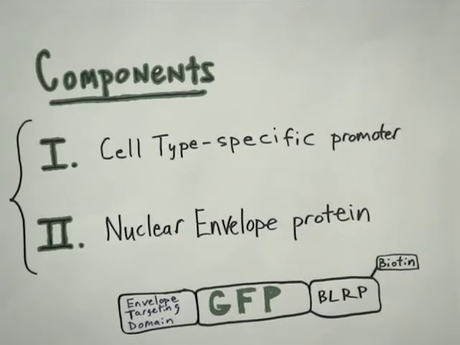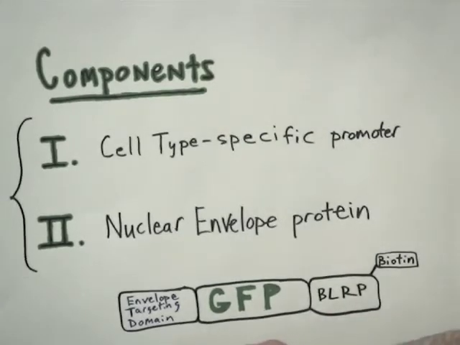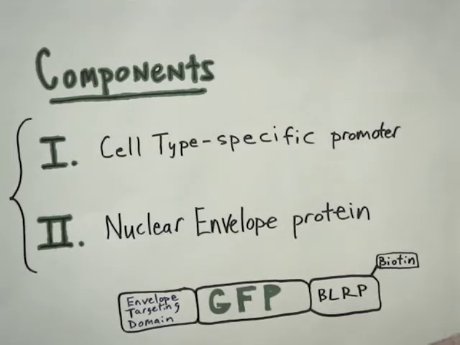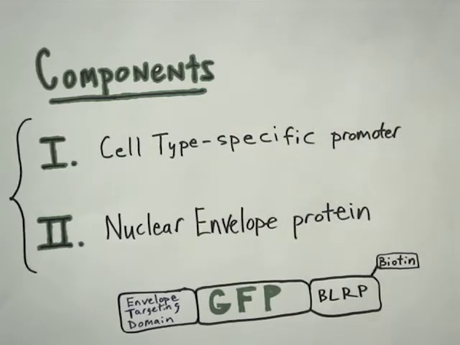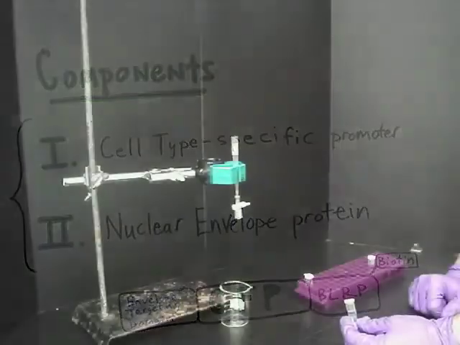For this we use a three-part fusion protein consisting of a nuclear envelope targeting domain from the RAN GTPase activating protein, GFP for visualization, and the biotin ligase recognition peptide, which in the presence of E. coli biotin ligase becomes biotinylated. Therefore, nuclei that have this protein on their surface can be purified by virtue of the interaction between biotin and streptavidin. Here's how the procedure works.